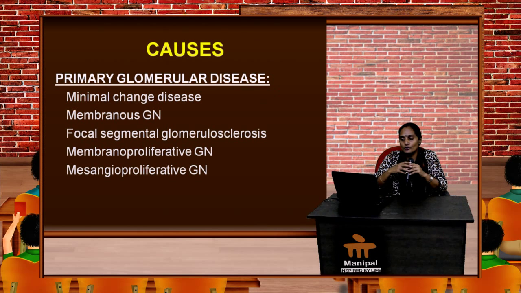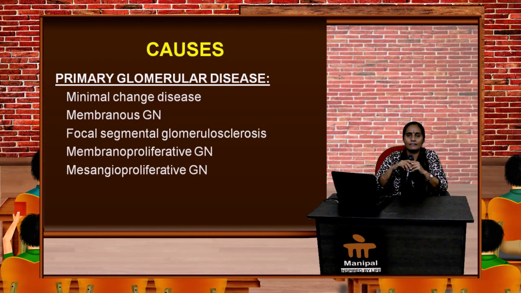Now let me come to the causes again. In a nutshell, we divide them as primary glomerular diseases. They are minimal change disease, membranous glomerulonephritis, FSGS, membranoproliferative glomerulonephritis called MPGN, and mesangioproliferative glomerulonephritis.